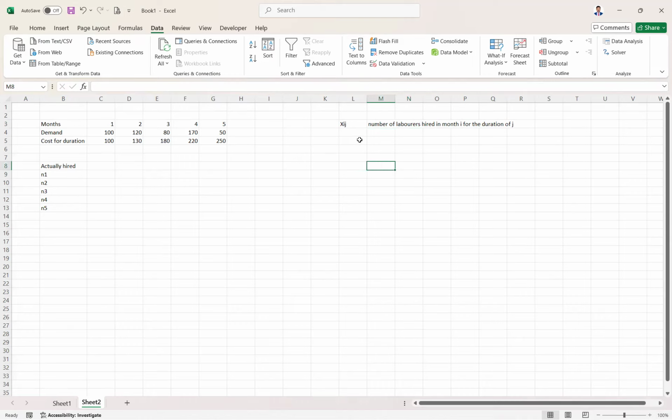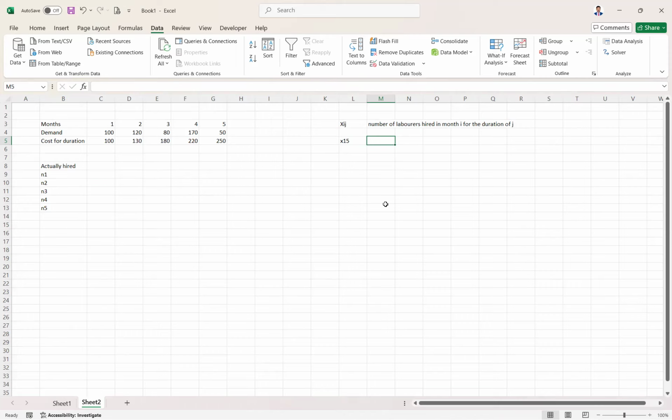Means what? Suppose there is X15. X15 gives you the number of laborers hired in month 1 for the duration of 5 months. Means this number of laborers are hired in the first month, but they are working for a duration of 5 months.